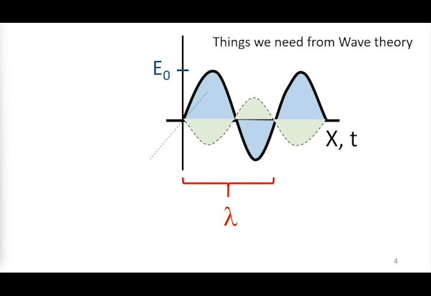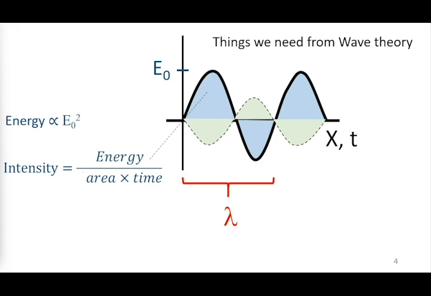According to that theory, light consists of an electric wave and a magnetic wave perpendicular to each other, and there is the wavelength, and the energy of the electromagnetic wave is proportional to the amplitude squared of the electric field, and the intensity is just the energy per unit time per unit area, and the frequency is the velocity of light over lambda.